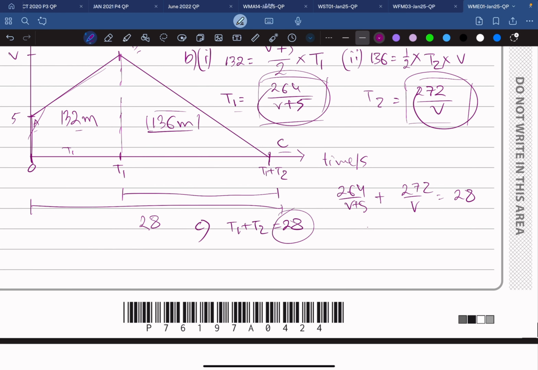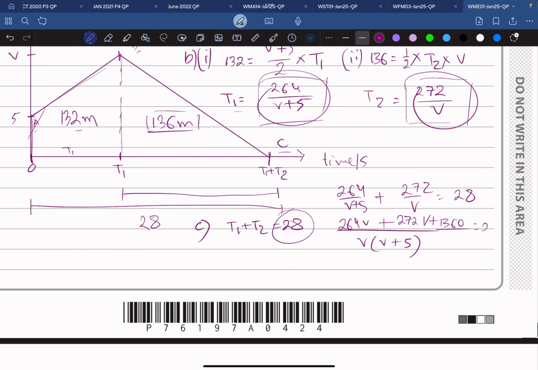Okay, now what we can do is take LCM, not common denominator. Take LCM, and then we're going to have 264V plus 272V plus 272 times 5, 1360.